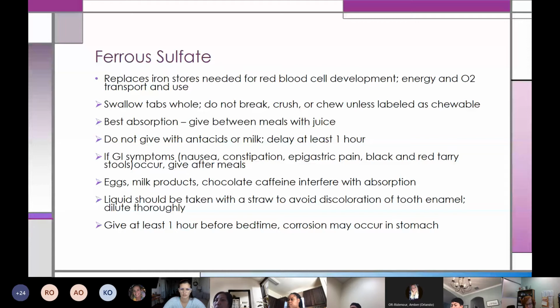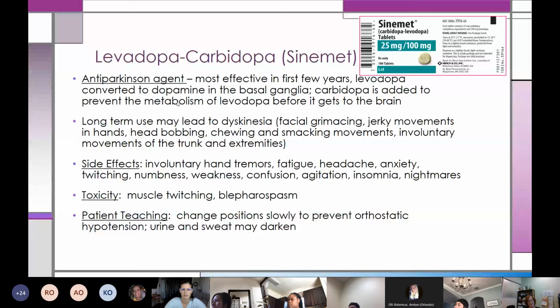Long-term use, and I think I should have highlighted this here, even though we give it to help with Parkinson's disease, long-term use can lead to dyskinesia, jerky movements, funny movements of the face, head bobbing and chewing and smacking movements, those types of things. So they tend to try something different towards the latter parts of this condition. But we do use it, but it's better in the first few years.